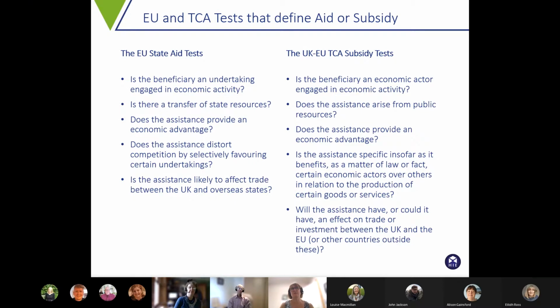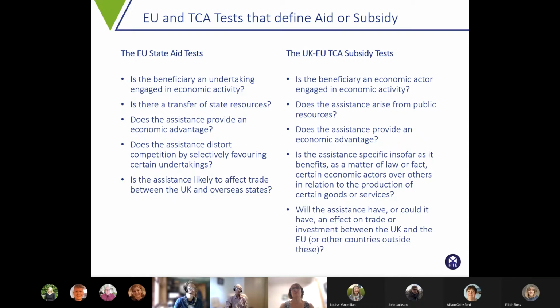And then the next one is more or less the same, but in different language. Before we were talking about whether it was selective, and now the terminology is whether it is specific, and aimed at certain economic actors or groups of one or more economic actors working together. For the TCA, it's those involved in providing goods or services, so that's all of our client base basically.